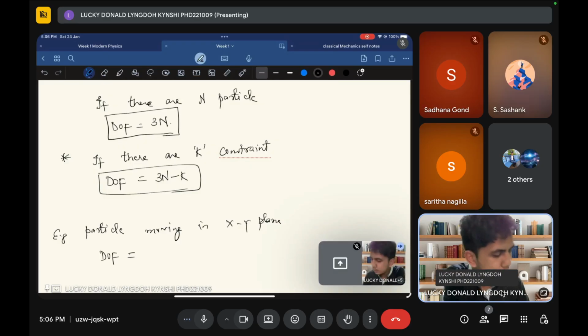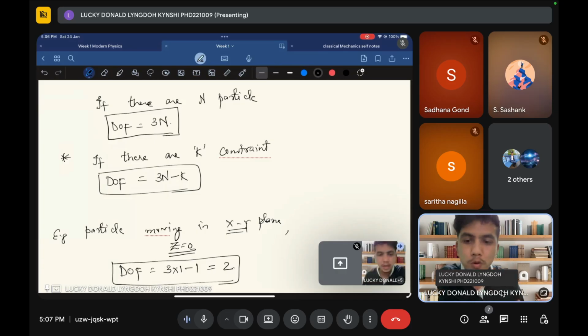Initially it will be 3, but because you have clearly mentioned that it's moving in the xy plane, automatically you know that z equals 0. So instead of 3 degrees of freedom, there is one constraint, so 3 into 1 minus 1, which is equal to 2.